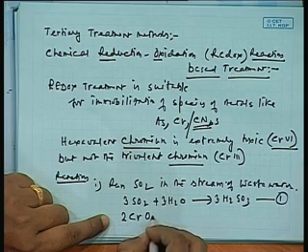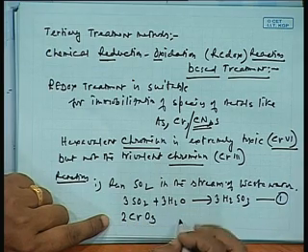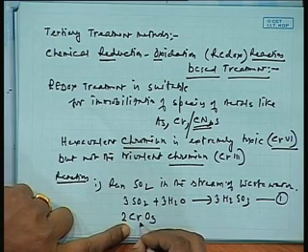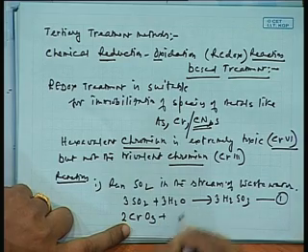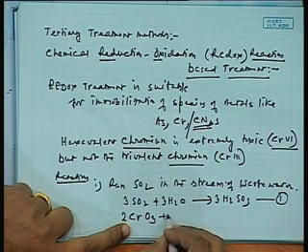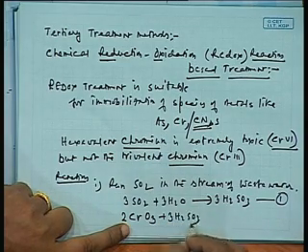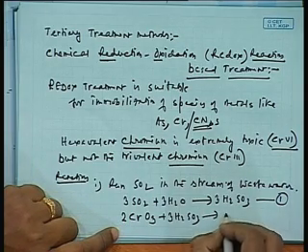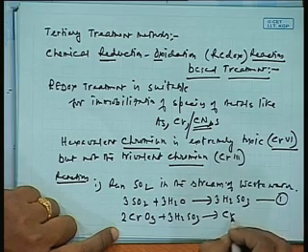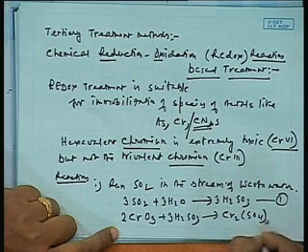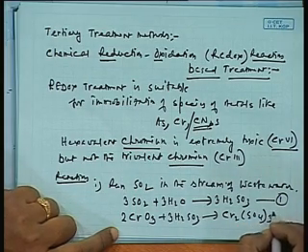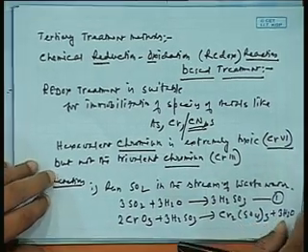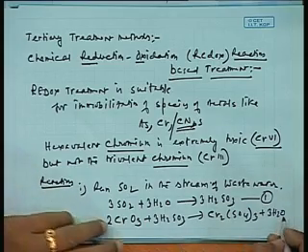The next equation deals with chromium oxide. You can see the valency is hexavalent, chromium 6. This one reacts with 3H2SO3 to form Cr2(SO4)3 plus 3H2O.